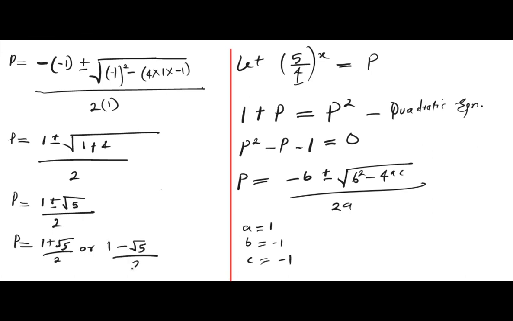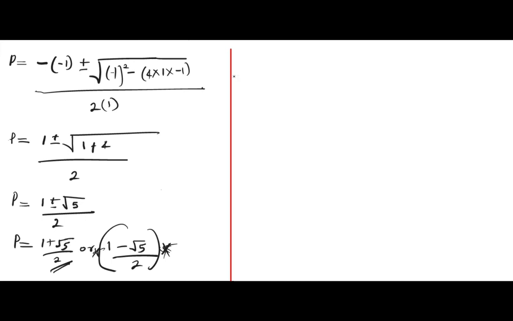These are the two values of p. But if you notice, 1 minus root of 5 is going to give us a negative value, because the square root of 5 is far greater than 1. So we're going to neglect this; we don't need it. We're going to concentrate only on this. So the value of p equals 1 plus root of 5 divided by 2.